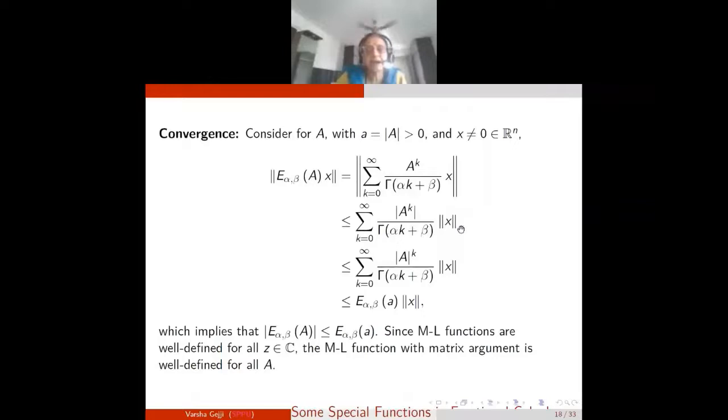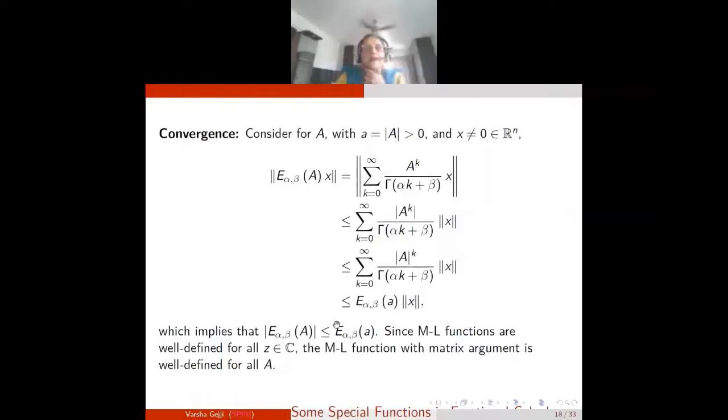properties of norm. It is less than or equal to this norm of x, and x is some number, so norm x is a real number, which implies that E alpha comma beta operator norm is bounded.